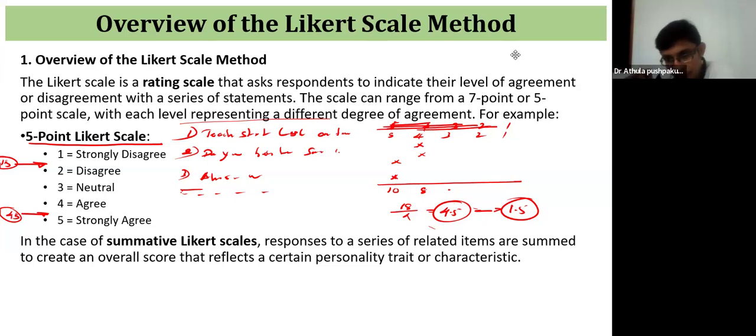But we can come to the conclusion that most of the students agreed with this statement. Based on this, can we measure the level of personality? This is not personality. We ask the question to measure attitude or emotions. Attitude or emotion, we can measure like this.